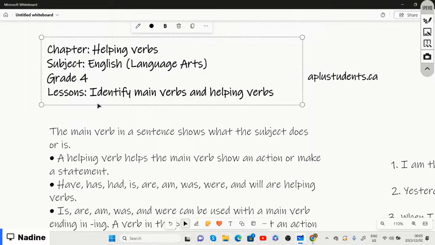The lesson that we will be doing under the chapter of helping verbs is to identify the main verb as well as the helping verb. So yes, we are doing helping verbs today, where we will be identifying the main verb and the helping verb.